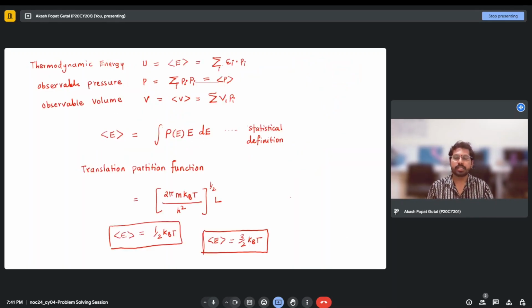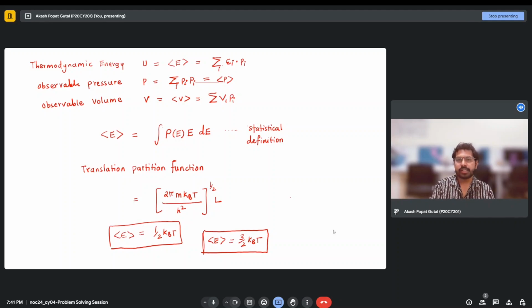For the thermodynamic energy, we defined it as the average energy. From the classical point of view, everything is an average from the statistical point of view.